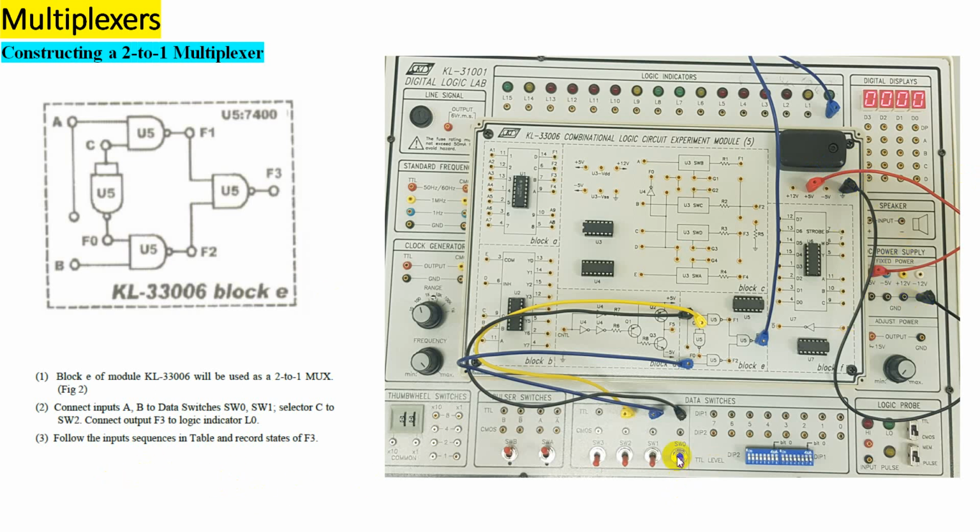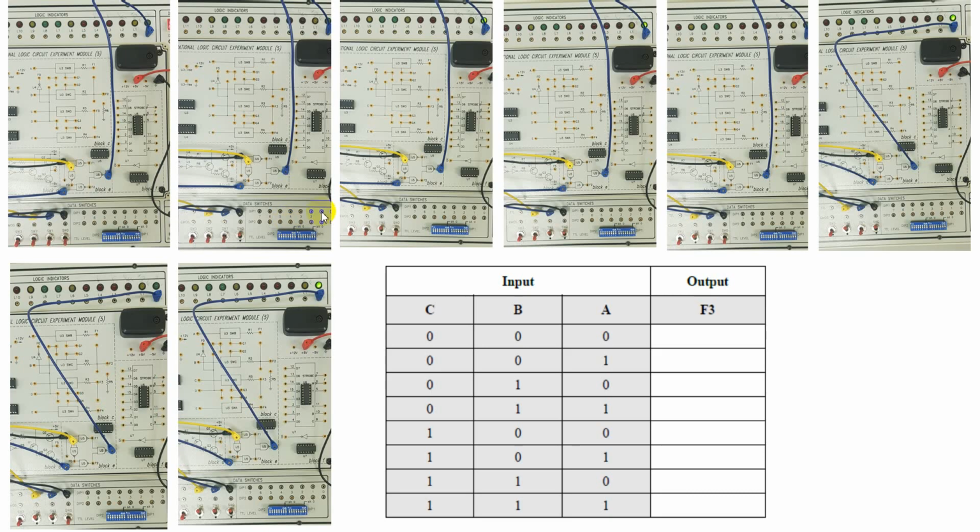Now what we need to do is change the values here and accordingly we are going to get the output. We are using these three input lines and we need to change the values accordingly. Depending upon the output, if it is on we put the value 1, and if it is off we put the value 0.